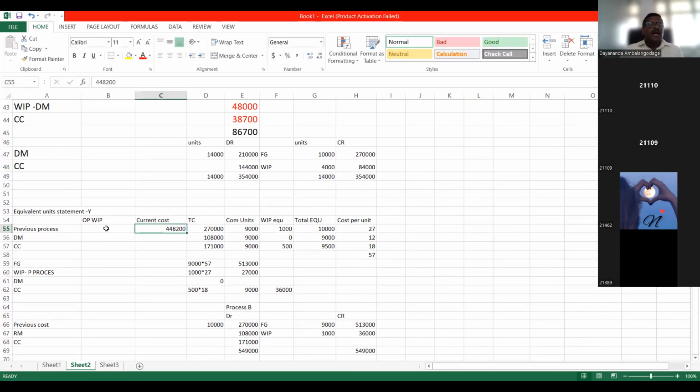Current cost. And just look at the opening WIP given in the structure. Previous process 91,800. And material 72,000.